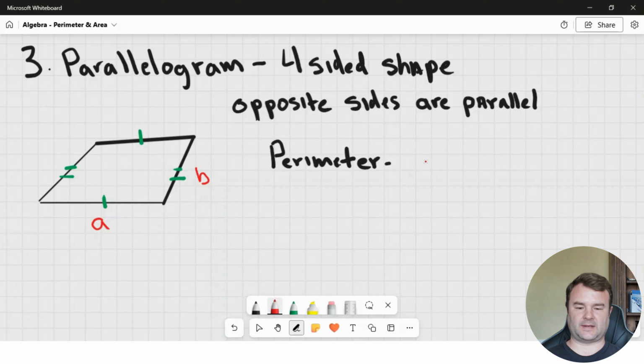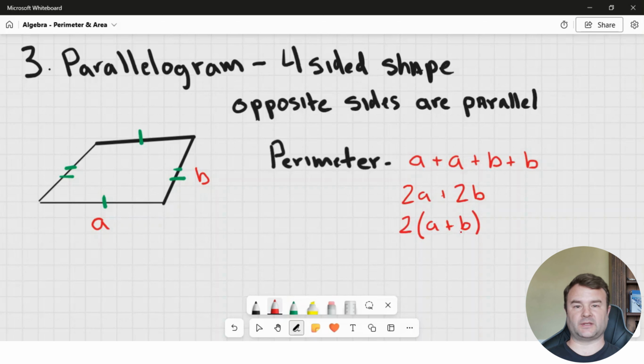So we can just say that for a parallelogram, the perimeter is the length of side A plus the length of its opposite side, we'll call it A as well, plus the length of side B, plus the length of its opposite side, we'll also call it B. And algebraically, we have 2 times A plus 2 times B. And using the distributive property, we have 2 times (A plus B).